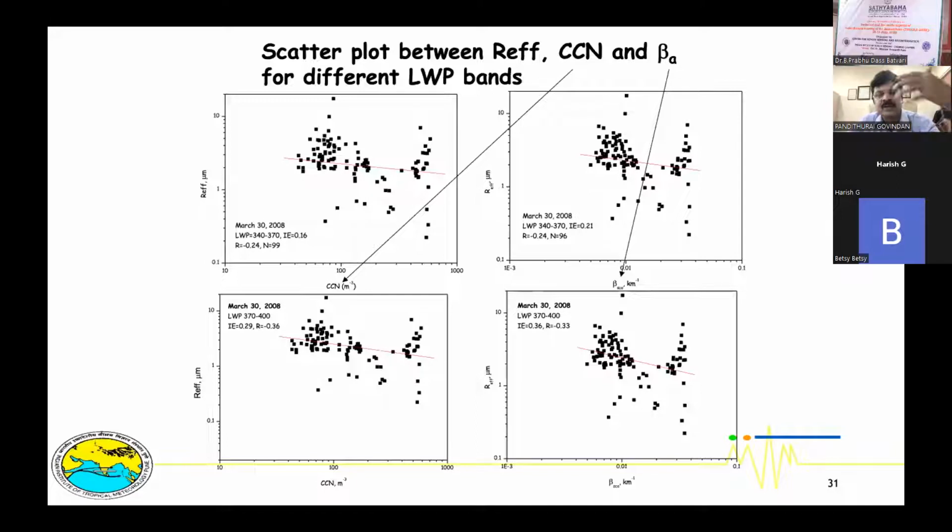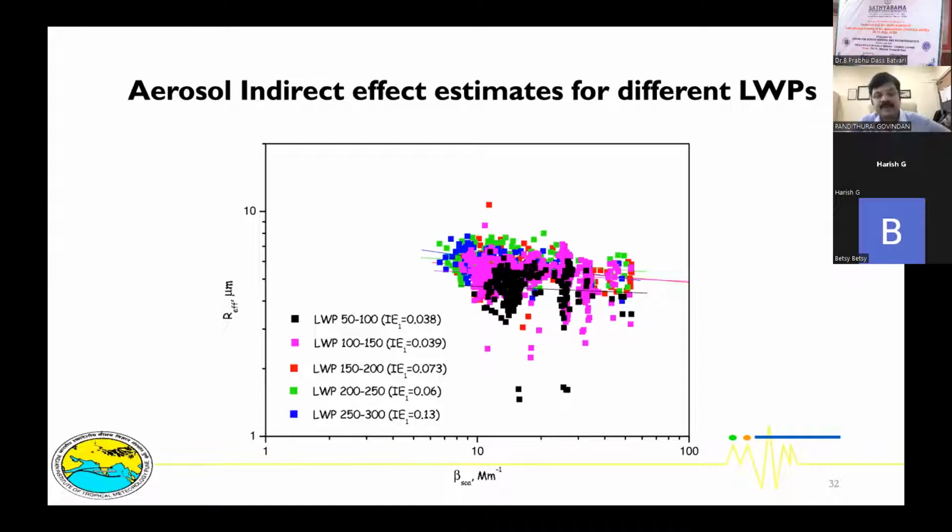The aerosol proxy can sometimes be CCN, sometimes a scattering coefficient, etc. You have to take narrow bins of liquid water path, which is derived from a passive microwave radiometer. One technique alone cannot give the complete information, so we have to depend on multiple techniques. That's why I mentioned the application of LIDAR in combination with other techniques.